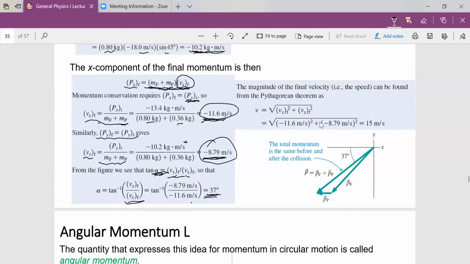All right. So the falcon actually got the pigeon at that angle, 37 degrees, and they moved together with the same velocity.